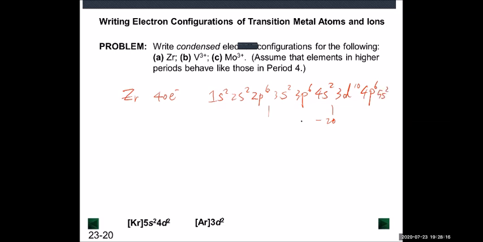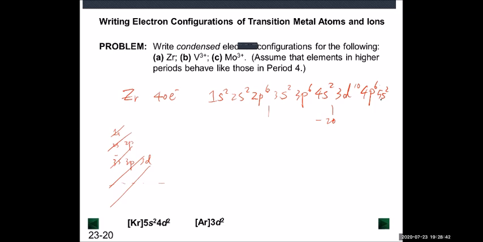To find out the order for the electron configuration, use the Aufbau principle, the diagonal diagram. Some of you remember that. This is the 1s, 2s, 2p, 3s, 3p, 3d. Use that diagram to find out the order for the configuration.